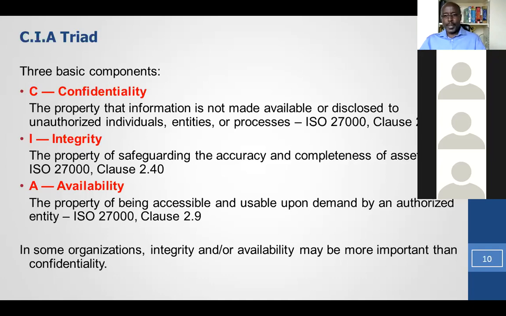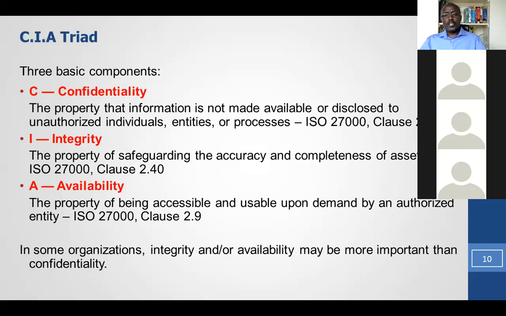So we'll get to see exactly where ISO 27000 comes in. This is where we basically get the definitions of the terms that we work with and use in information security. Then we have integrity: safeguarding the accuracy and completeness of assets. Later, we are going to see what information assets are. Then availability: the property of being accessible and usable upon demand by authorized entities.